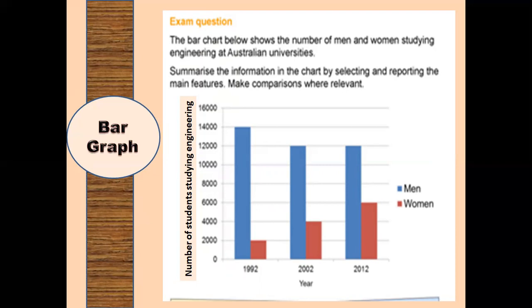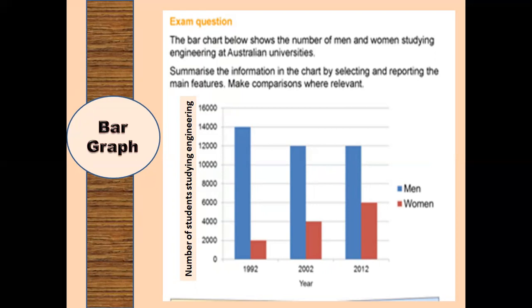And if you come to 2012 and compare it with 2002, there is a difference of 2000 for women, that is, increased by 2000. But if we compare the number of men who are studying engineering in 2002 and 2012, you will find that the number is the same.